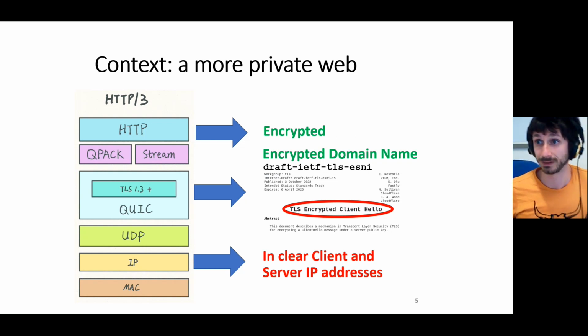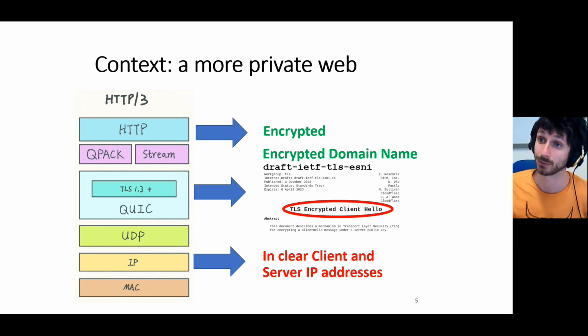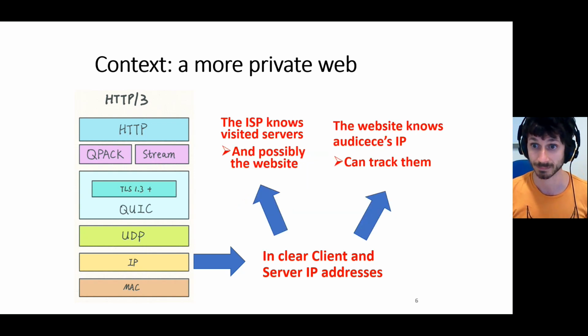Now we have HTTP 3 with QUIC and TLS 1.3. And we have the HTTP payload encrypted, and also the domain name encrypted using the so-called Encrypted ClientHello extension of TLS, which was recently standardized. There is still in clear the IP header with client and server IP addresses.